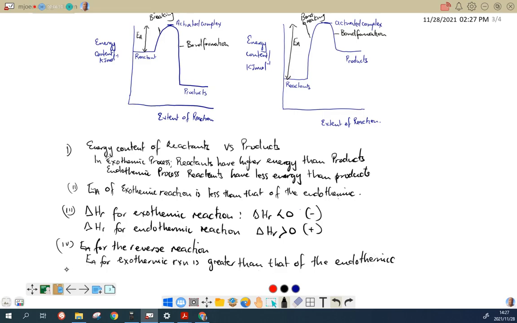This means that it is easier to reverse the endothermic reaction than the exothermic reaction.